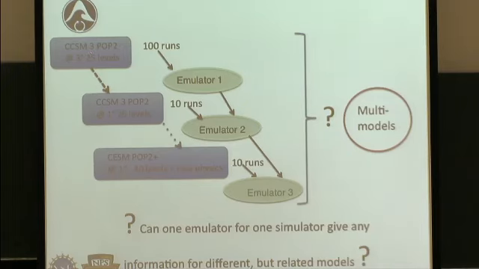I'll create this emulator, and then I'll try to do this one at 1 degree using the information that comes out of this first emulator plus 10 runs coming out of the second emulator at a higher resolution. And I'm pretty confident that we can say something about this 1 degree model based on the information we find out from the 3 degrees and these 10 runs.